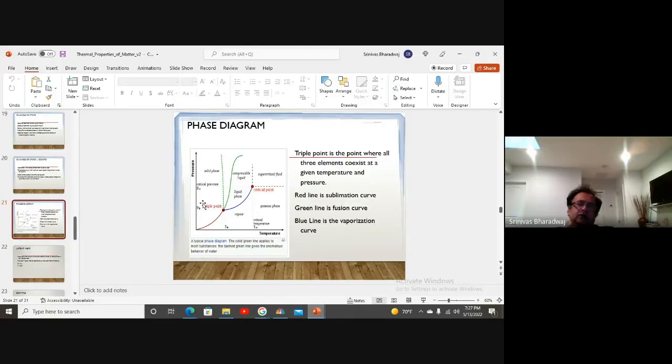If you keep increasing the pressure and keep decreasing the temperature, with certain substances, like water, it will become liquid and then solid. But some substances go from vapor to solid directly. And there is a point when all three can exist. That point is called the triple point.